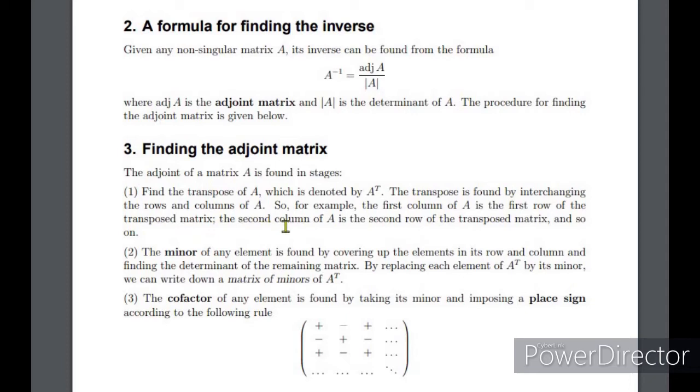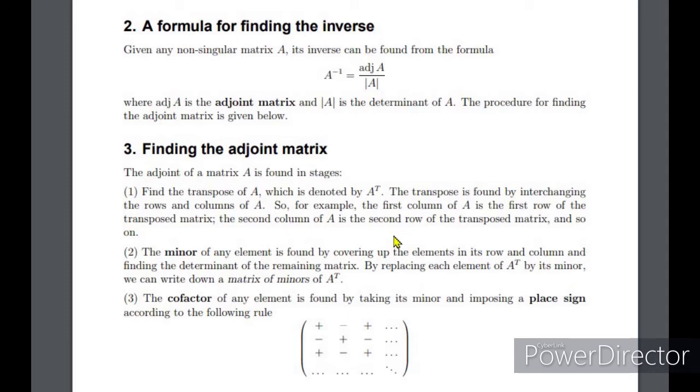You already know that. For example, the first column of A is the first row of the transpose matrix. The second column of A is the second row of the transpose matrix, and so on. So it is just getting the transpose by changing the rows to columns.